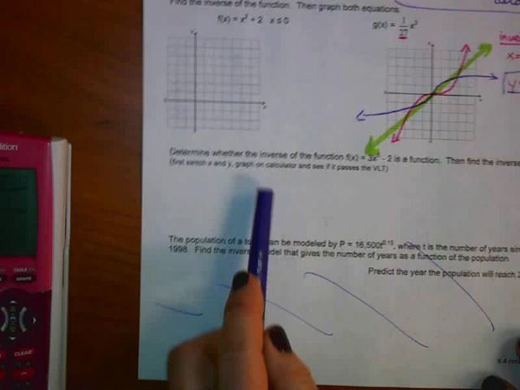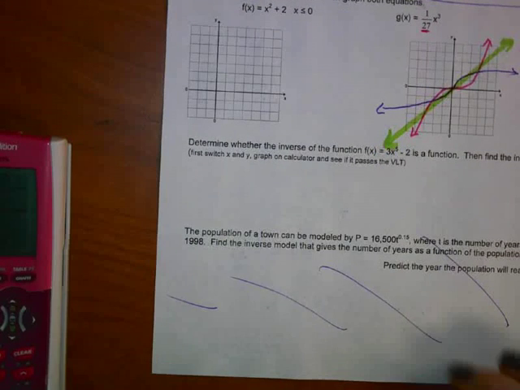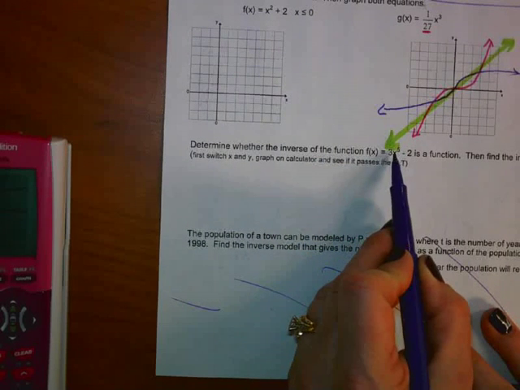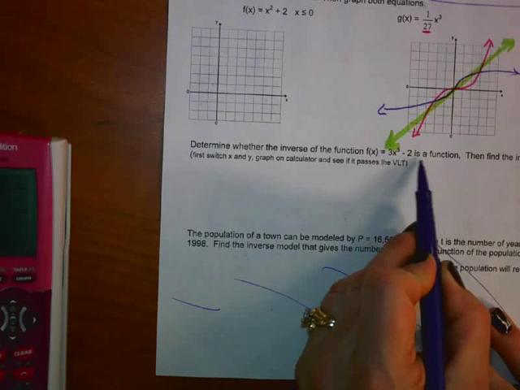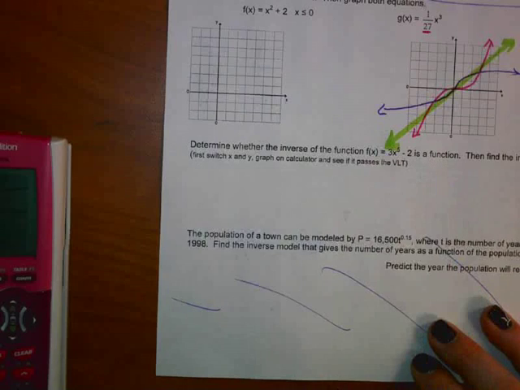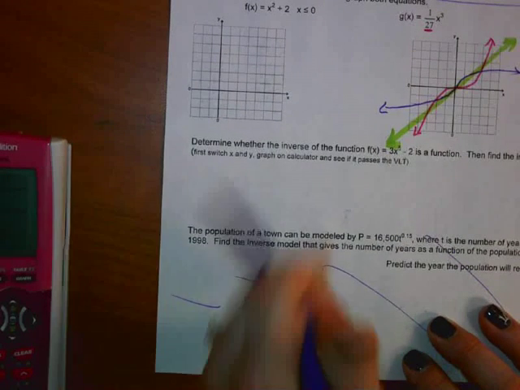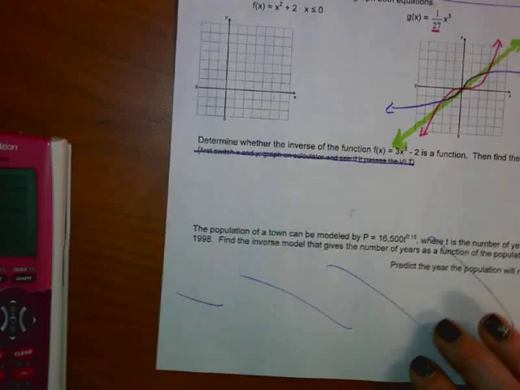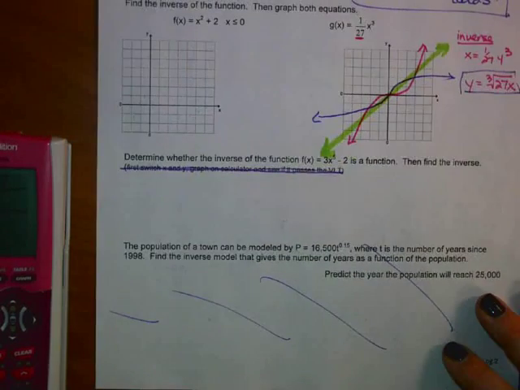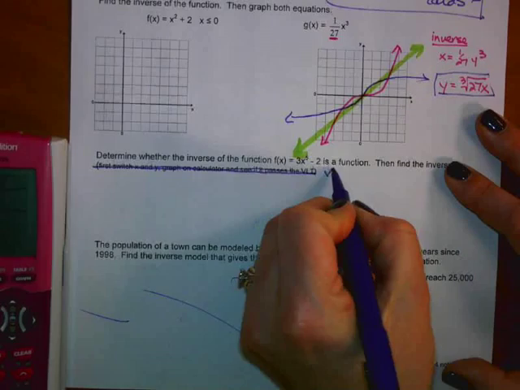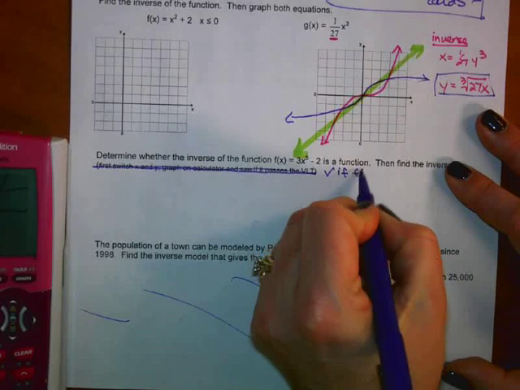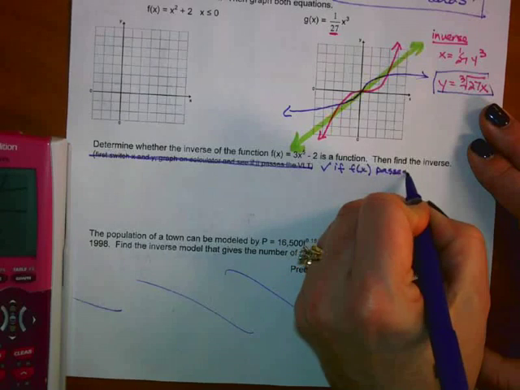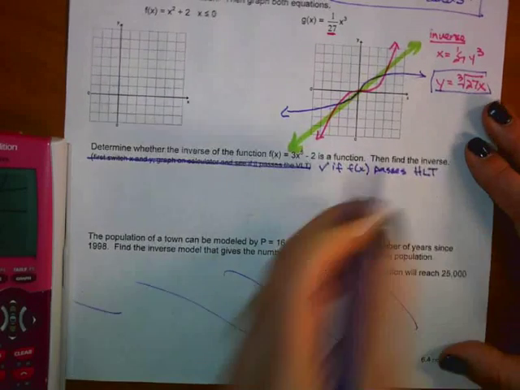All right, determine whether the inverse of the function, this one's pretty easy. Determine whether the inverse of the function f of x equals 3x to the fifth minus 2 is a function. Then find the inverse. Okay, when I typed this a couple weeks ago, this was not right. So cross that off. What you do is you check if f of x passes the HLT, horizontal line test.